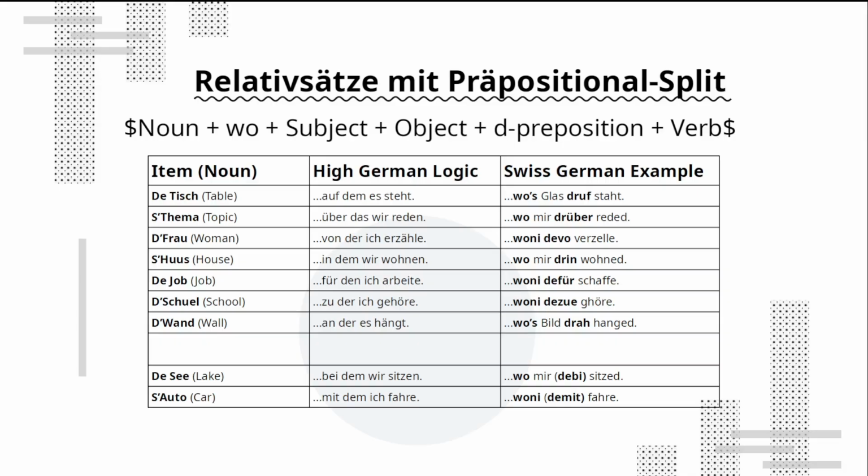And two special cases, because although they are kind of correct, you wouldn't use this sentence form because it already implies that you're at it. So, der See, the lake, bei dem wir sitzen.